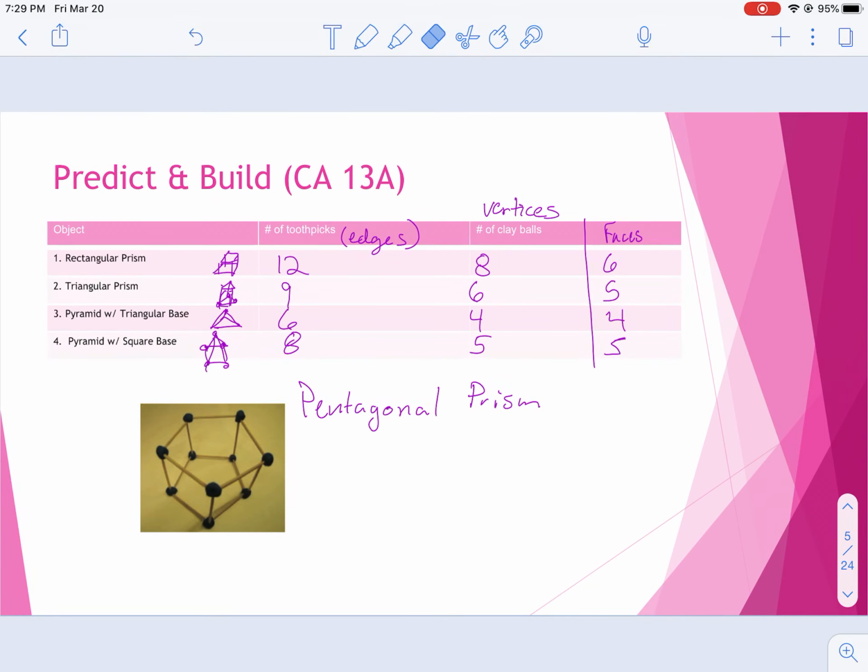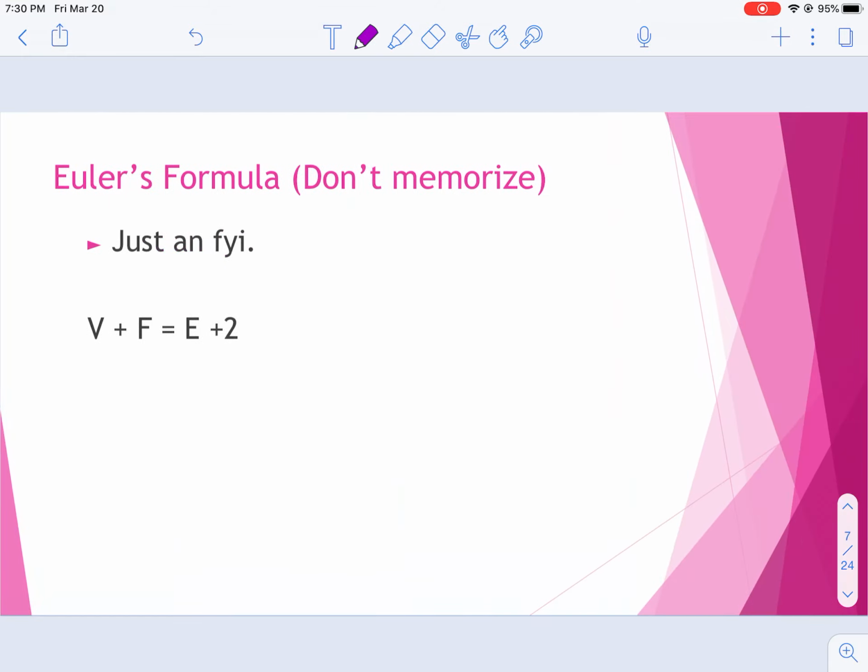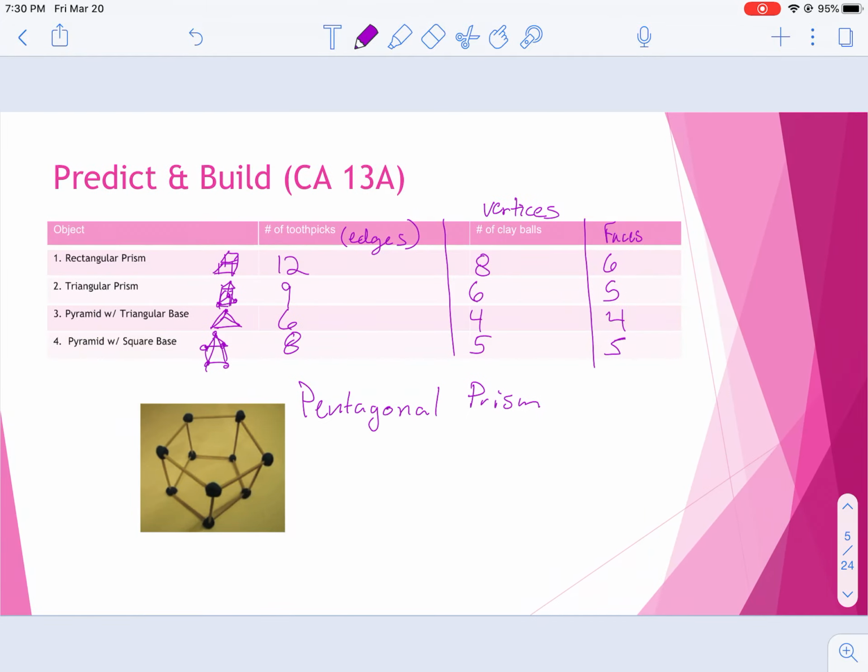Now, for this course, that's going to be sufficient. We're going to just look at terminology and understanding them. There is something interesting that I want to point out here, and that's called Euler's formula. Again, this isn't something to memorize or even that I'm going to test you on, just kind of an FYI. Euler was a mathematician. He gets credit for this formula, that if you take the number of vertices plus the faces, it's equal to the edges plus 2. So let's go back and take a look at this.